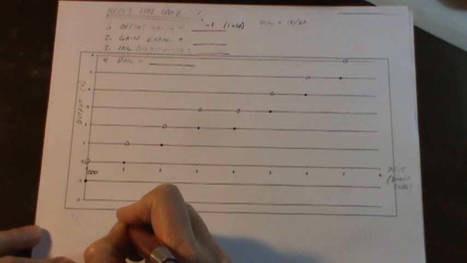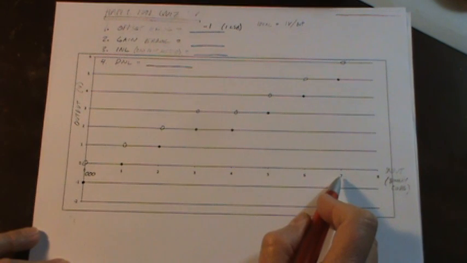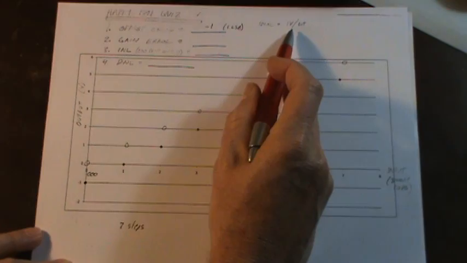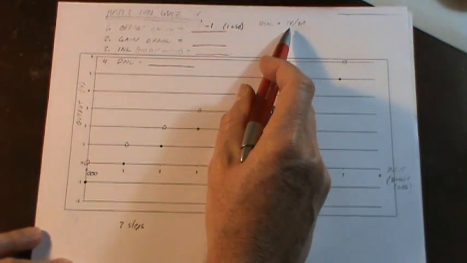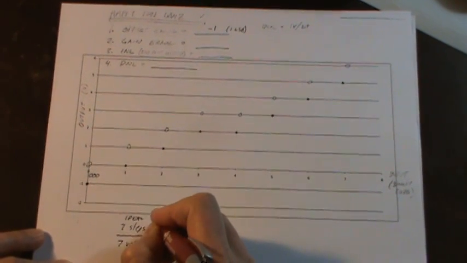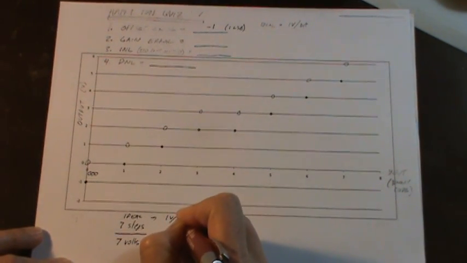What I'm hoping for is that as I change by 7 steps, 1, 2, 3, 4, 5, 6, 7, I expect, according to this, to change by 7 volts. 1 volt per bit would tell me I'd start at 0, I'd go 1, 2, 3, 4, 5, 6, 7, and that's what I expect. So I expect to get 7 steps, I expect to get 7 volts. So that would be my ideal, which would give me 1 volt per step.